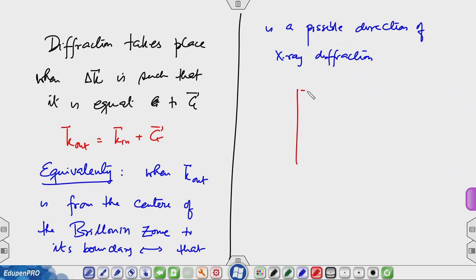Let me make it slightly bigger in this same case. Here is the center of the Brillouin zone.